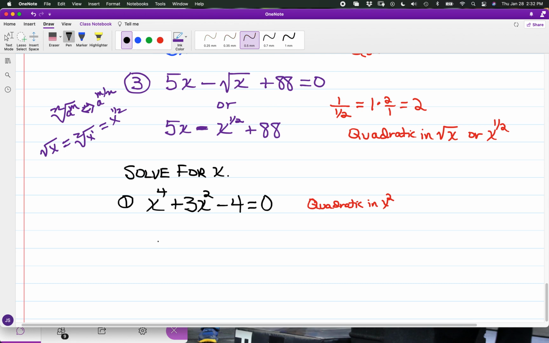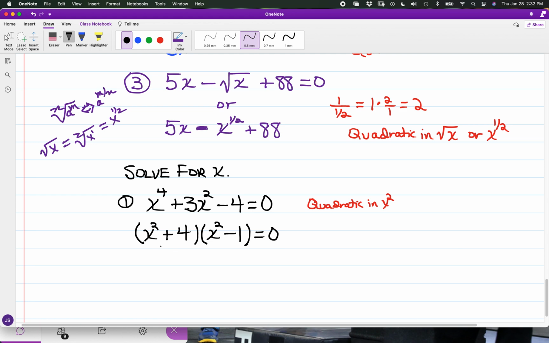For x to the 4th, we can factor this: just like x times x goes to x squared, x squared times x squared will go to x to the 4th. For factors of -4 whose sum or difference will be 3 on the plus side, here we have a plus 4 and a minus 1.